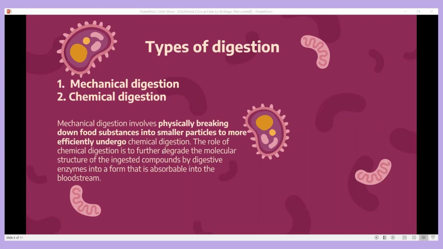These physical activities are called mechanical digestion. In the human body, mechanical digestion takes place in the mouth as well as in the stomach. And chemical digestion is the secondary process of digestion, which takes place by enzymes, the biological catalysts.